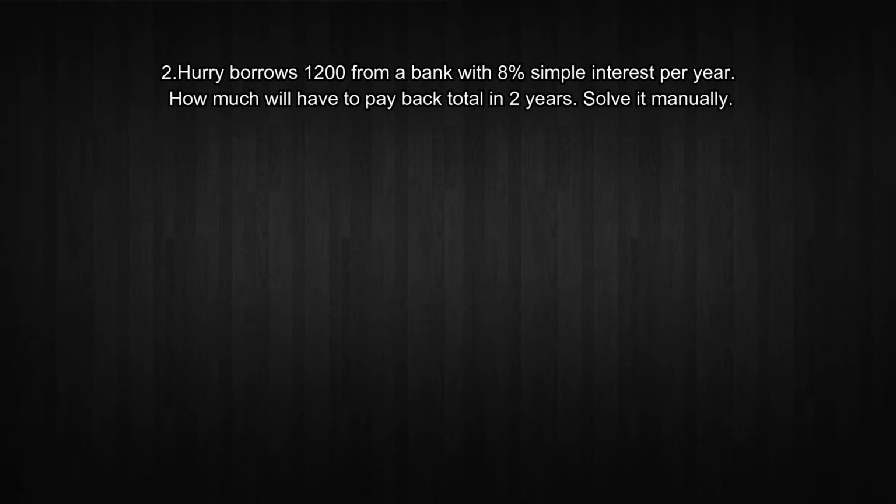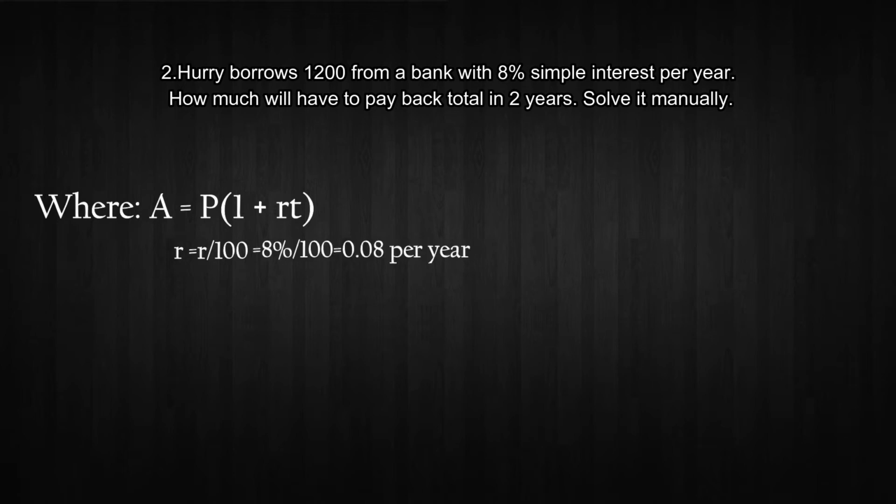Harry borrows 1,200 from a bank with 8% simple interest per year. How much will he have to pay back in total in 2 years? Solve it manually. We need to use the simple interest equation. Let's get first the interest rate, r divided by 100, so we have 8% divided by 100, which is 0.08 per year.